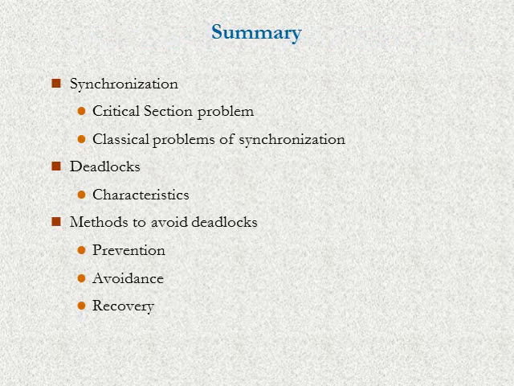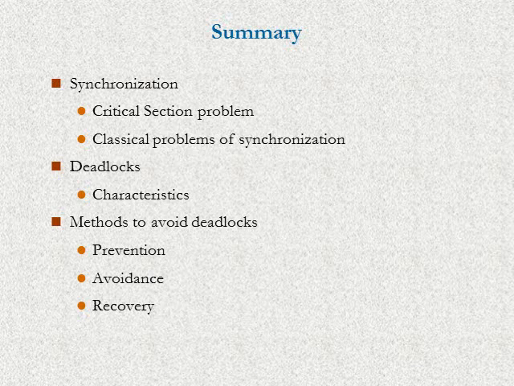All right, students. So that is all for today, as well as for the synchronization section. In this section, we discussed various threading models, then the race condition, as well as the critical section problem and some classical problems of synchronization. Also, we discussed deadlocks and some necessary conditions that are important for a deadlock to occur. Then we discussed some methods to handle deadlocks, which include prevention, avoidance, and recovery.